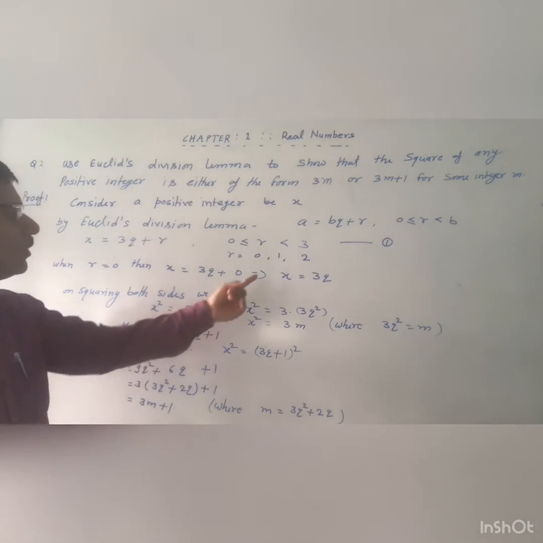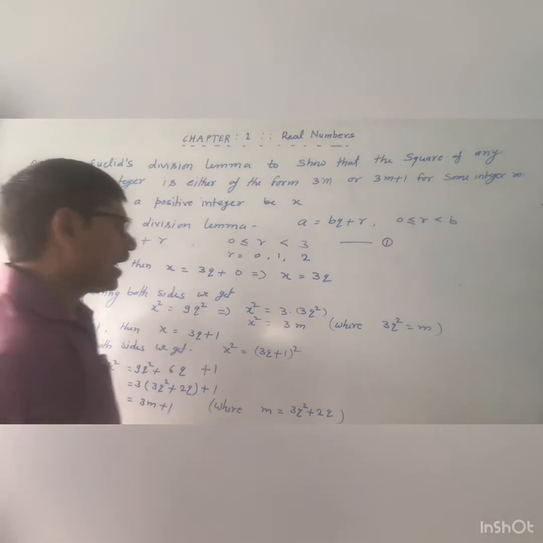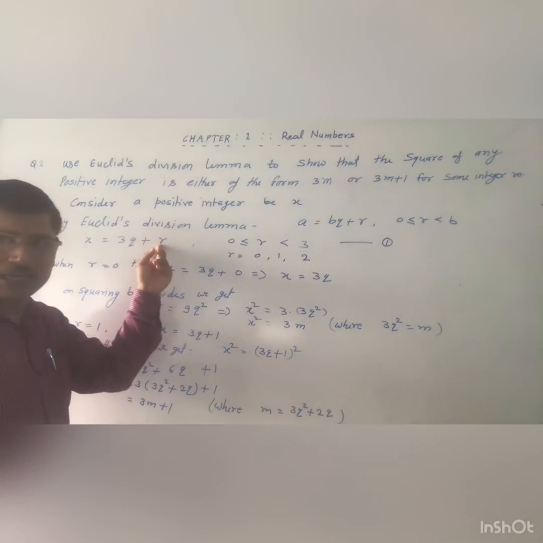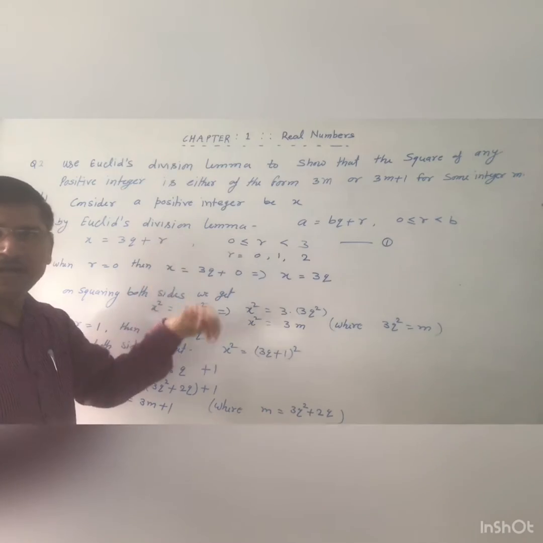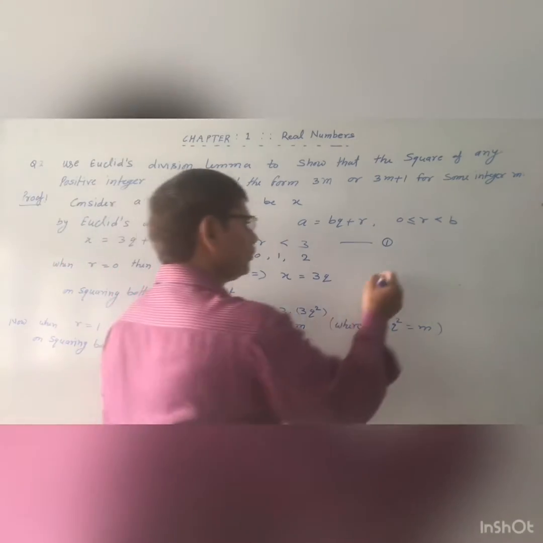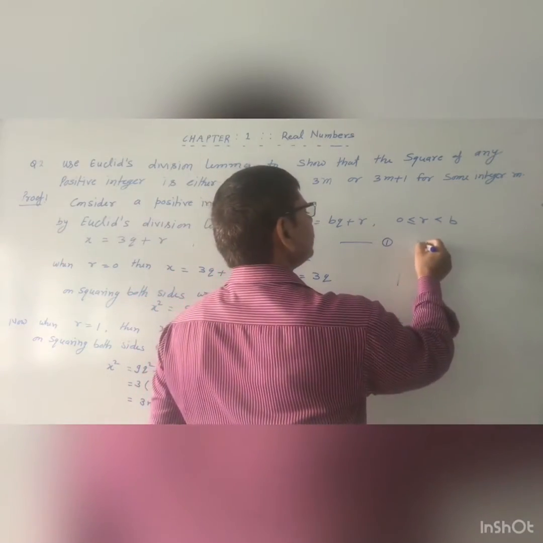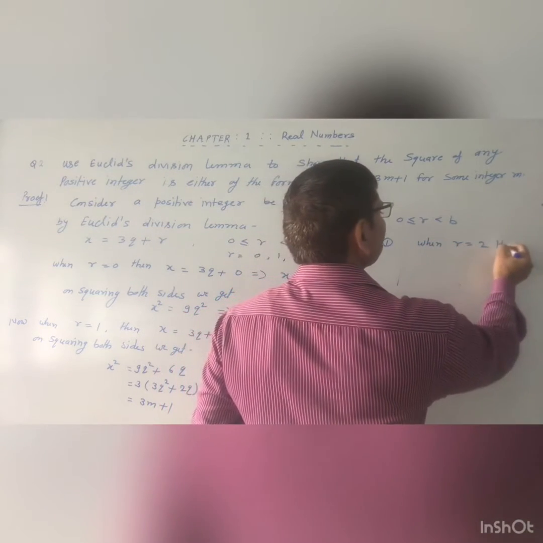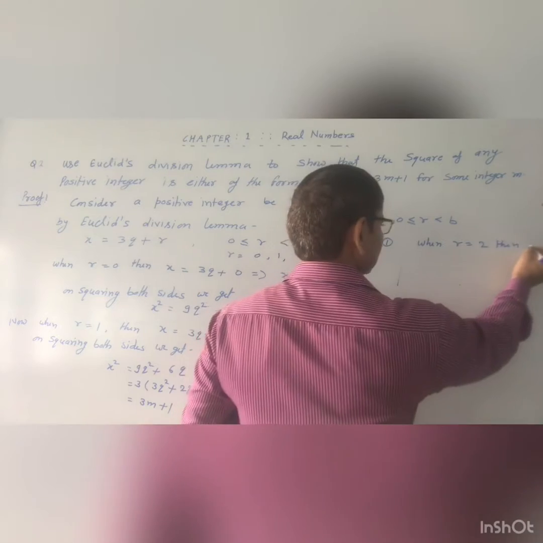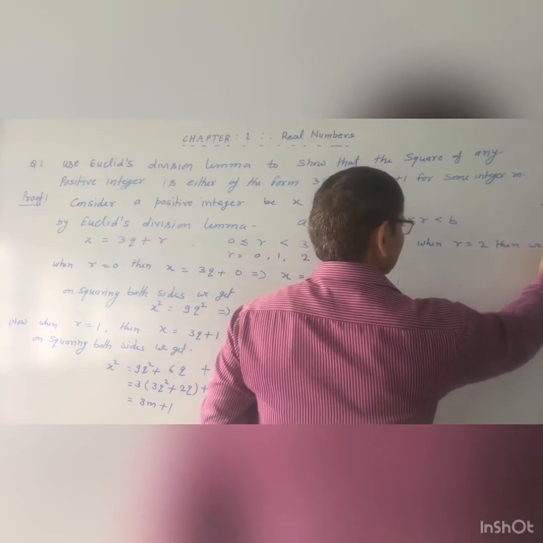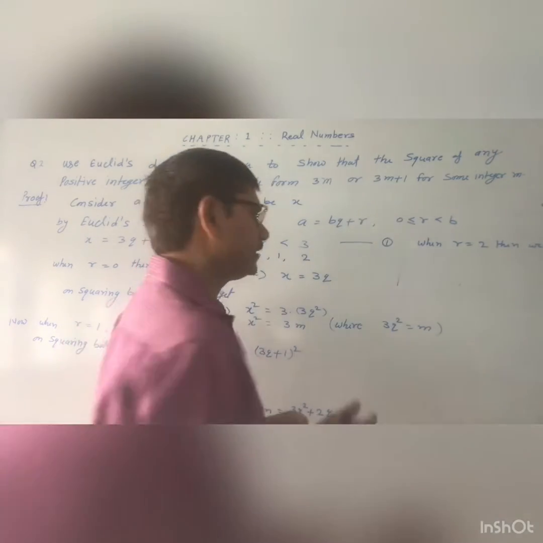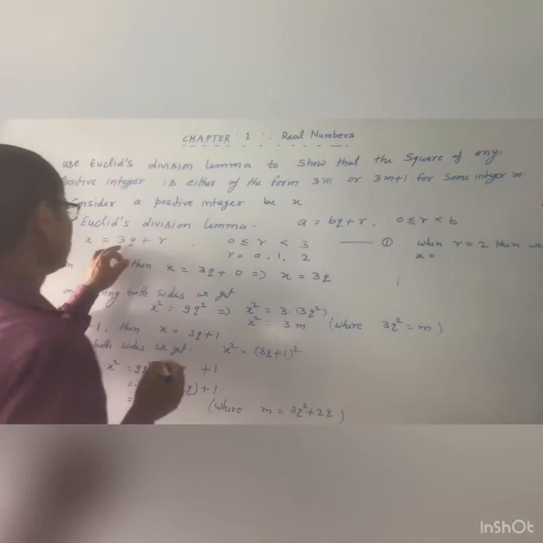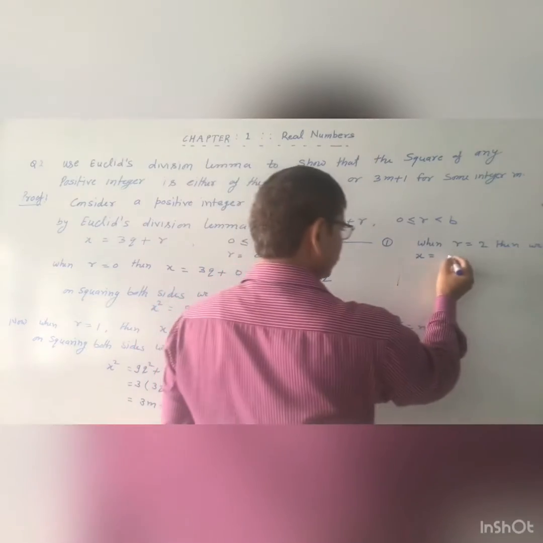Now once more, given here r equal to 2. So you replace r in equation number 1 by 2. When r equal to 2, we will get x equal to 3q plus 2.